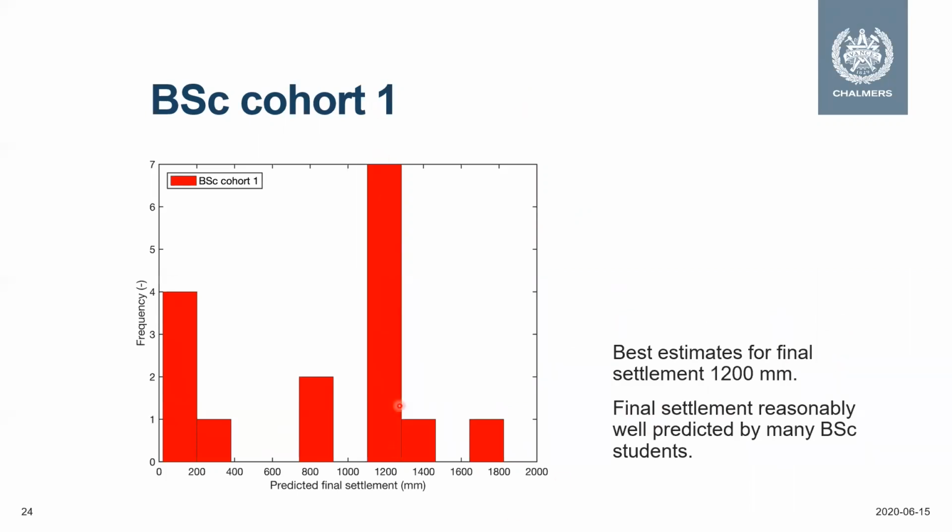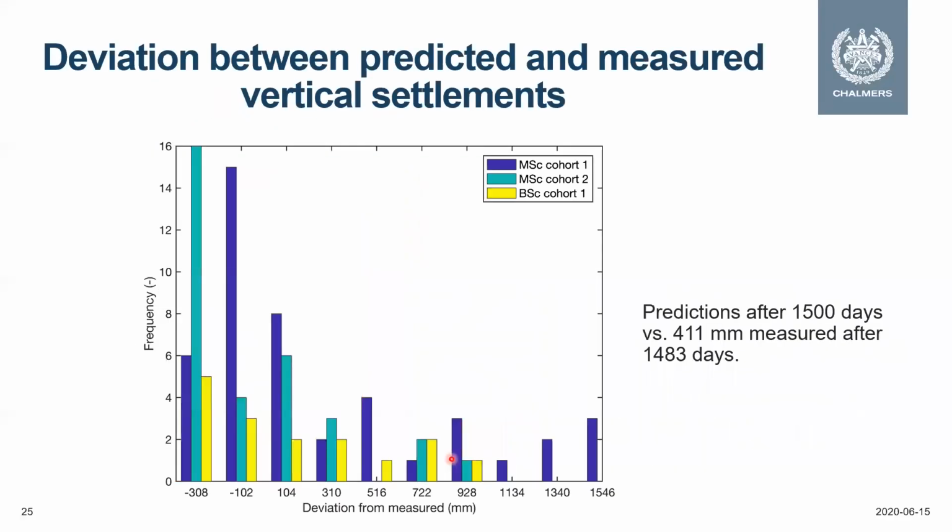And surprisingly, many students got that final settlement prediction or something pretty close to it. So we can say that the final settlement, with the exception of these outliers here, was reasonably well predicted by many of the BSc students.